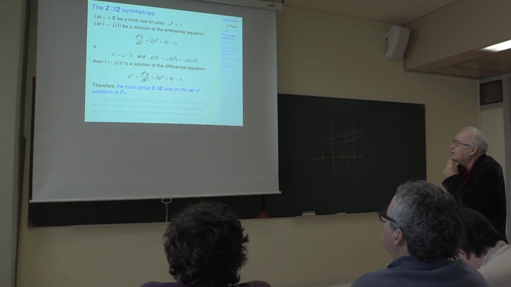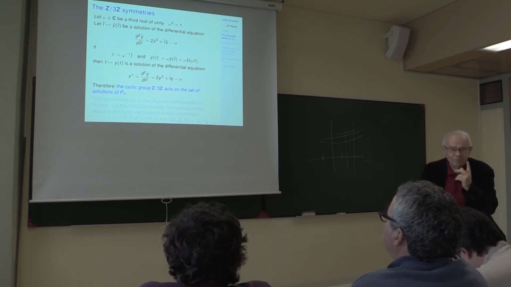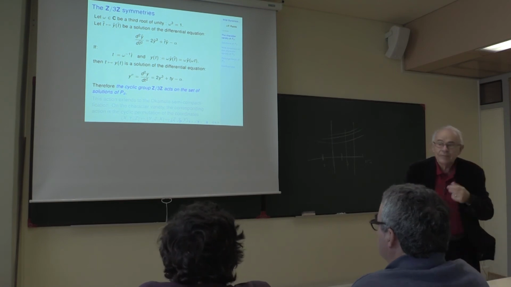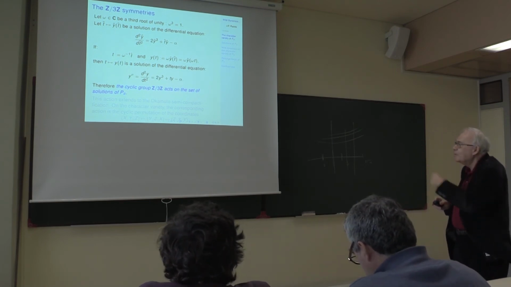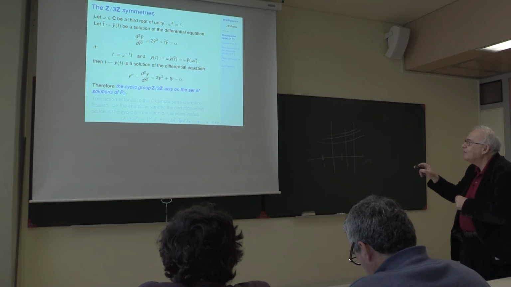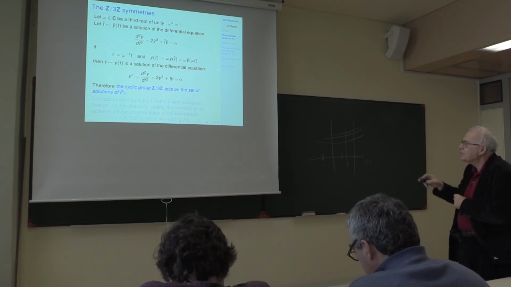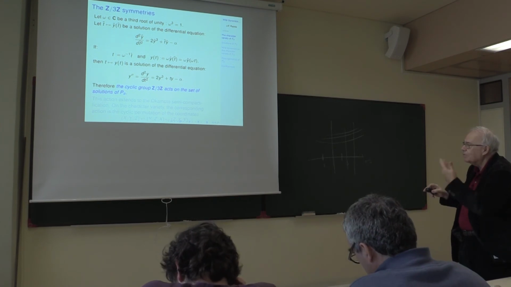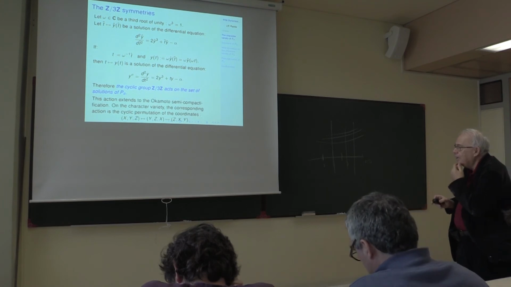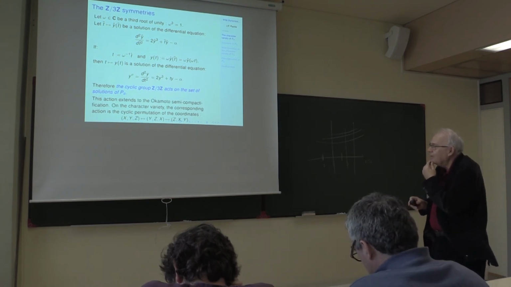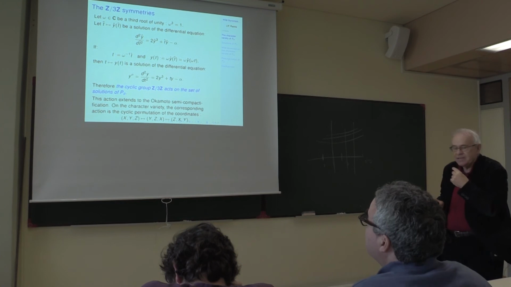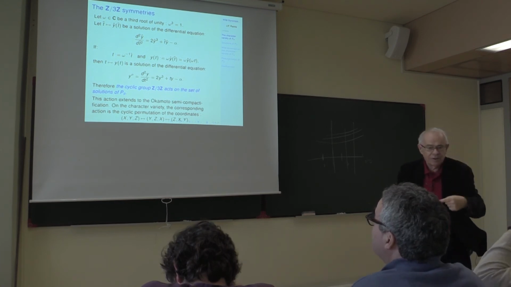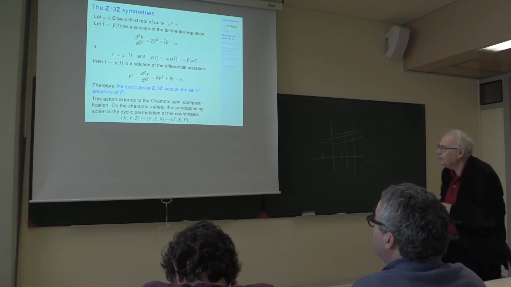An important ingredient of P2 is this order-3 symmetry. It's very elementary: Z3 acts on the picture, and Z3 acts on the set of solutions by a very elementary formula. It is not trivial, but its action extends to the Okamoto variety of initial conditions.